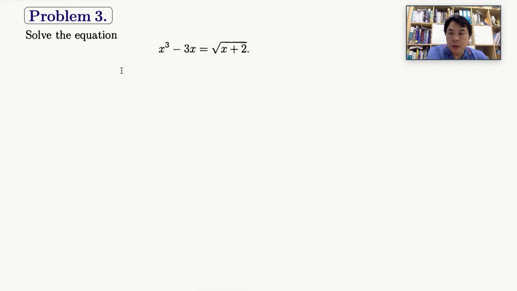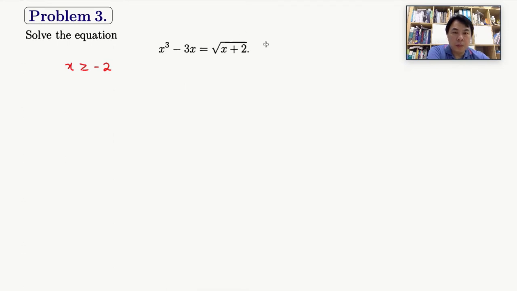Okay. This is another algebraic problem that we are facing here. x cubed minus 3x is equal to the square root of x plus 2 here. Now from this equation, it's quite obvious that we can see that x is greater than or equal to negative 2, or else we will be solving for a complex solution.